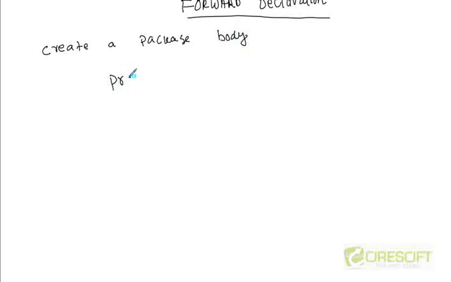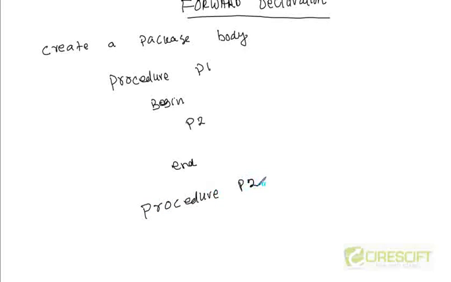My first procedure is procedure p1, then begin, end. Inside this procedure p1, let's say I am calling procedure p2, and this procedure p2 is defined after procedure p1. This procedure p2 is a private procedure, which means it does not have any reference in your package specification.